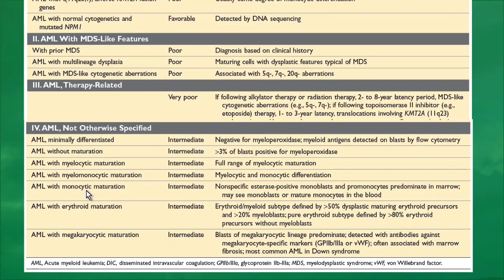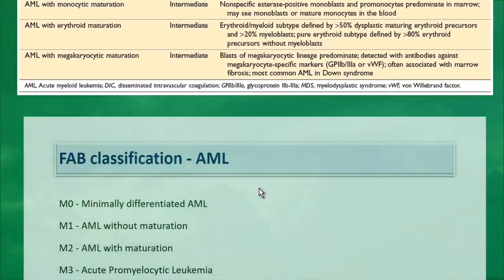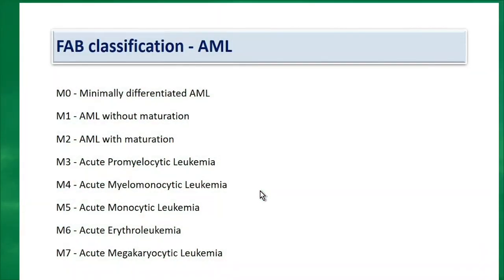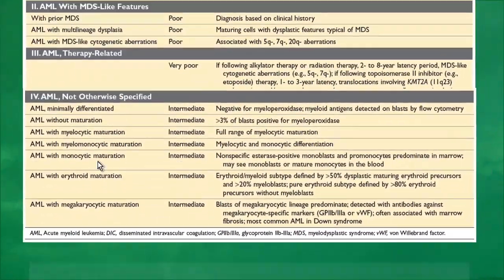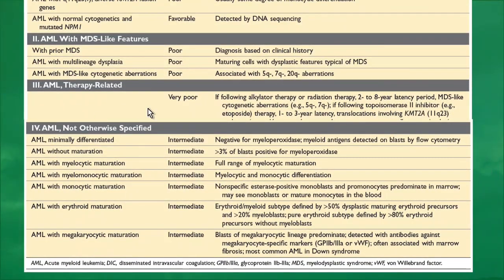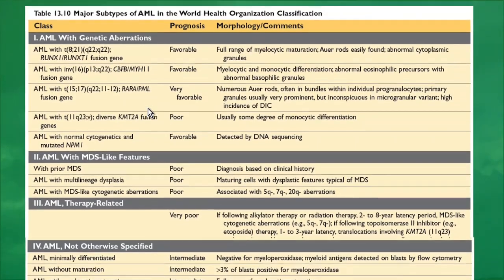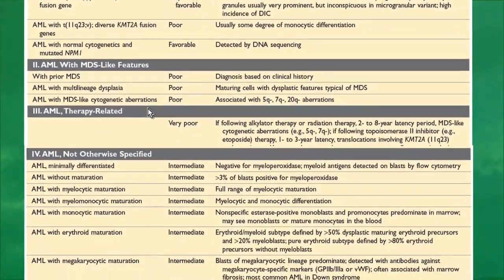NSE is positive in AML with monocytic maturation, neuron specific esterase. FAB classification is almost the same as this last category here, the difference being AML M3 is also included.